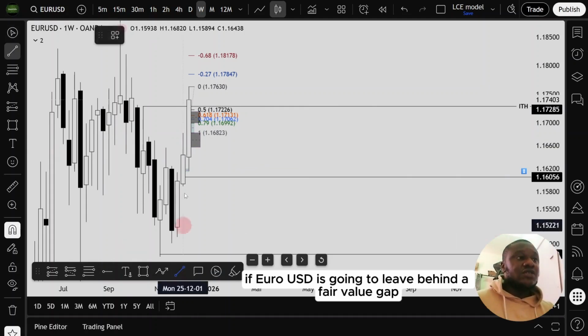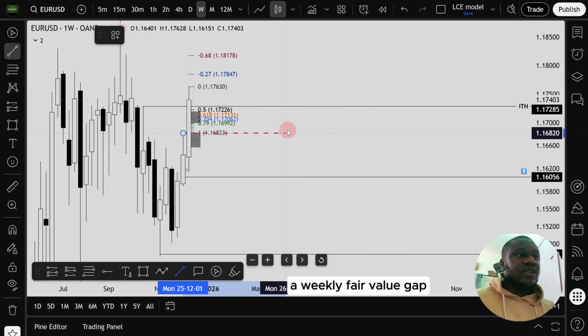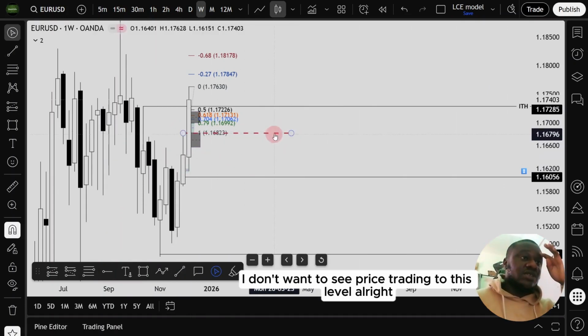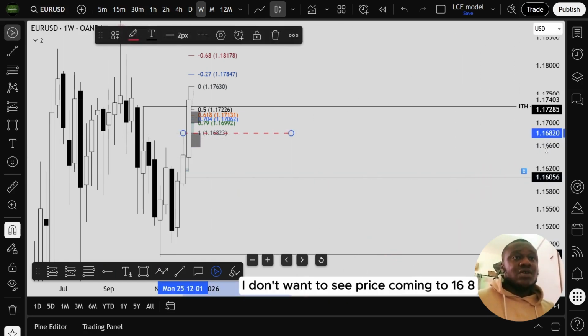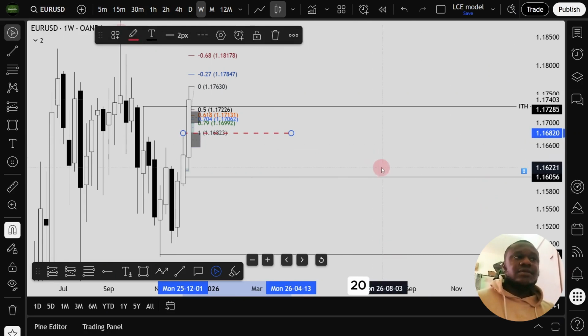If EURUSD is going to leave behind a fair value gap, a weekly fair value gap, I don't want to see price trade into this level. I don't want to see price coming to 16,820, but it's going to retrace a little bit.